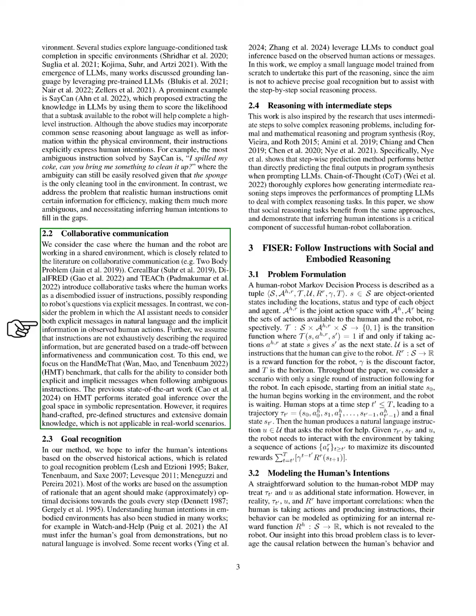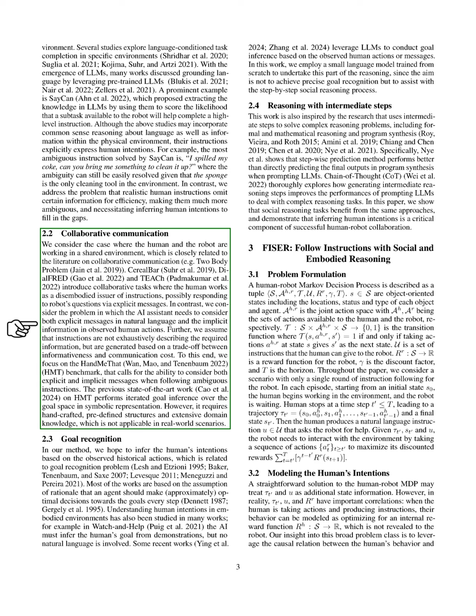In terms of collaborative communication, we examine scenarios where humans and robots share an environment, which relates to existing literature on this topic. Some works, like Cereal Bar and Dial Fred, involve humans giving instructions while possibly responding to the robot's questions. We, however, focus on how the AI assistant must interpret both explicit messages and the implicit cues from human actions.